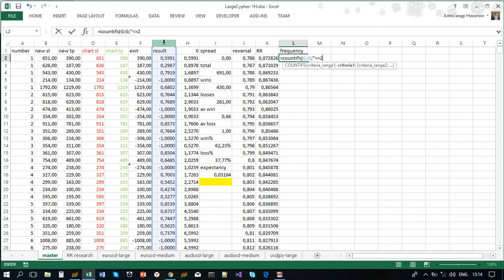I know that I never have a risk reward greater than 2, so let it be less or equals to that, just an extreme size. My second criteria should be more or equals to this cell, to my first risk to reward value. You see that? So the first one calculates it this way.